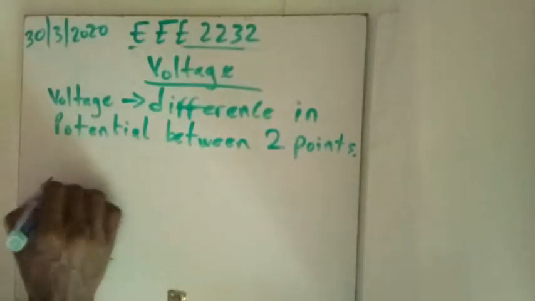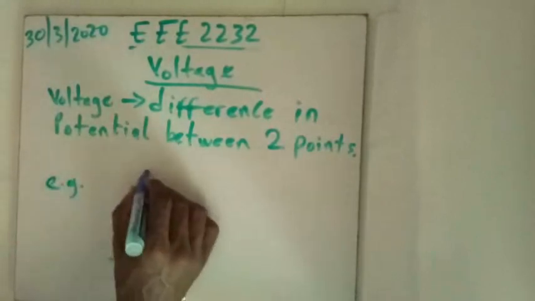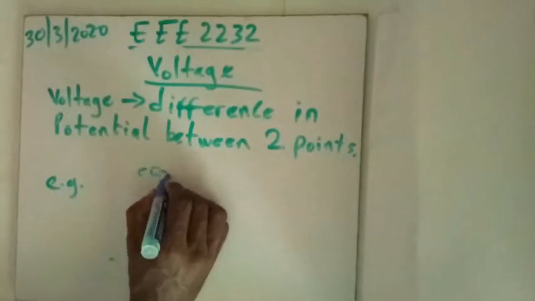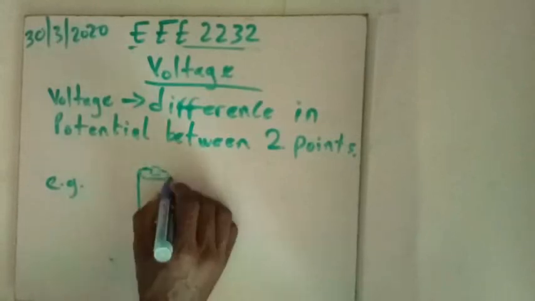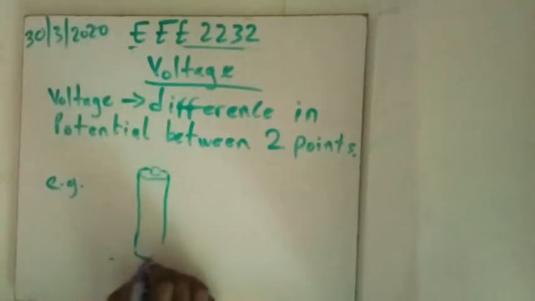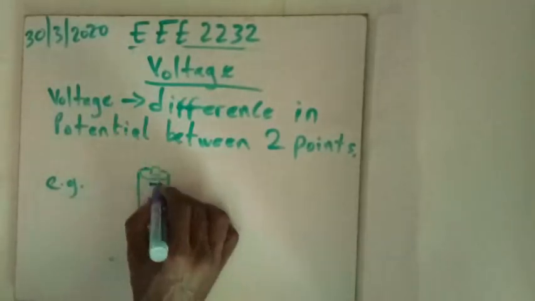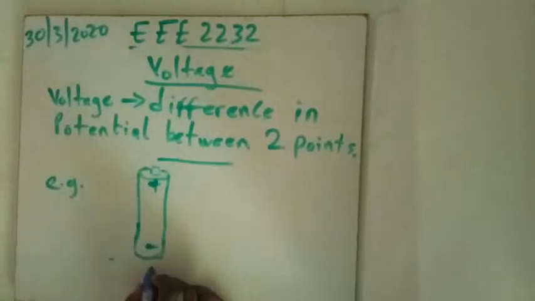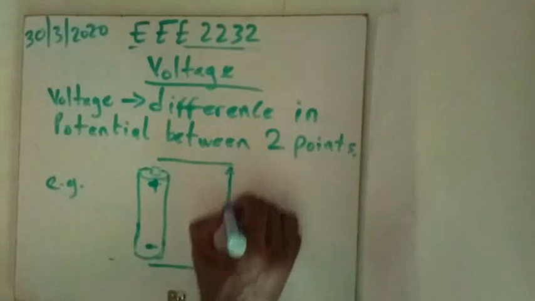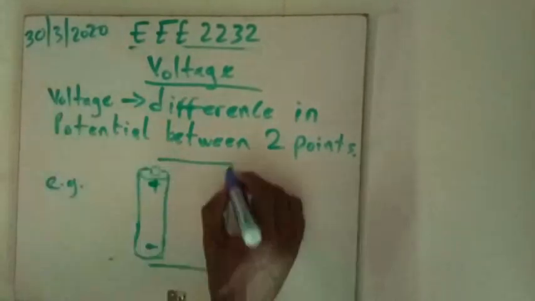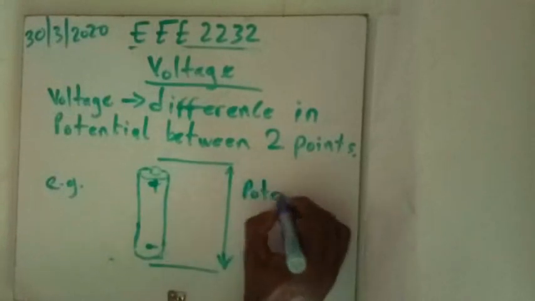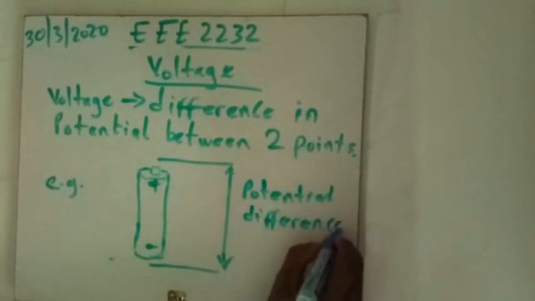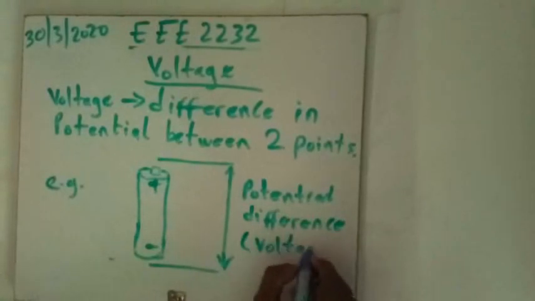For example, if you have a battery like this, and this is the positive and the negative of the battery, the difference in the potential between these 2 points is the potential difference, also called voltage.